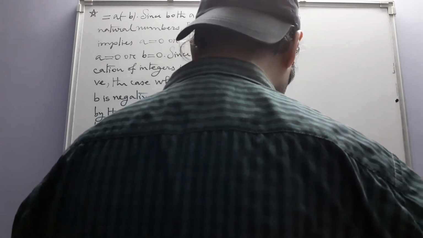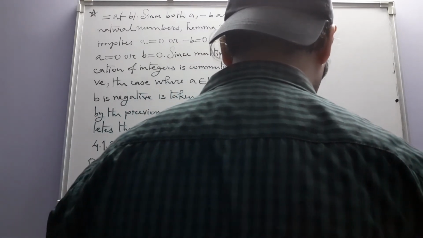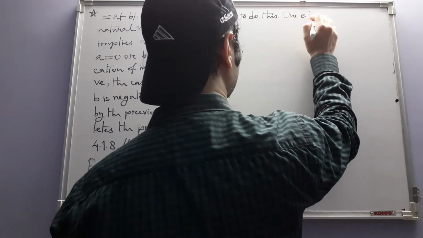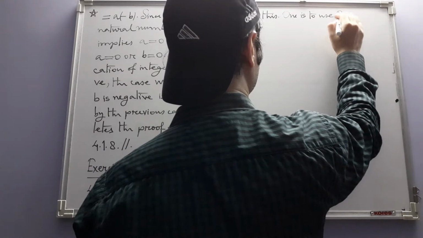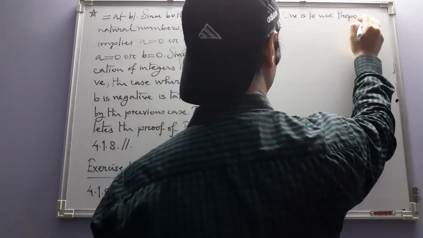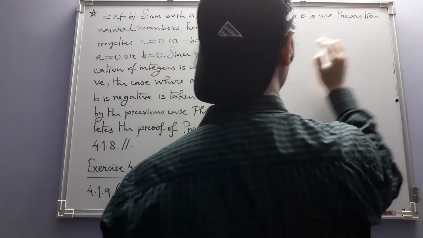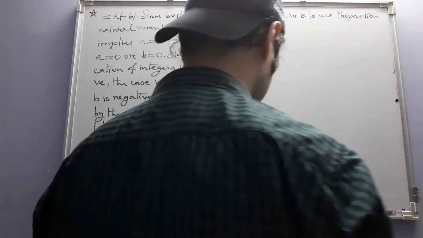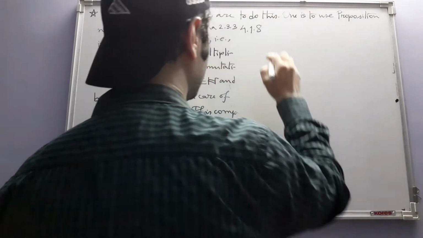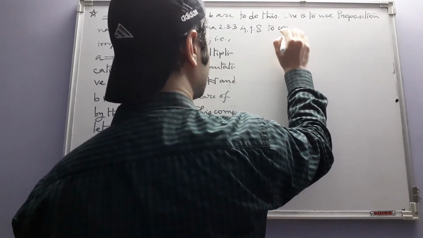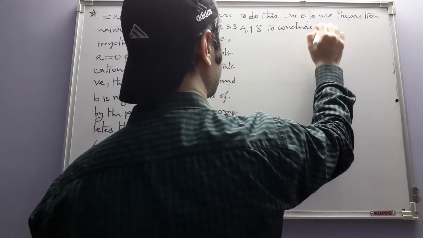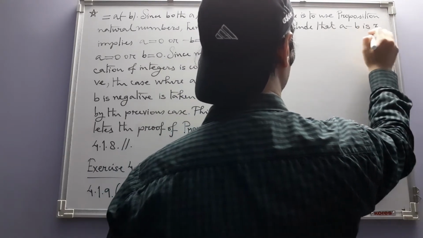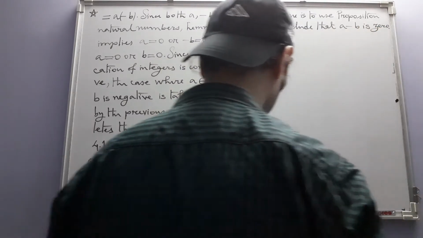What two ways? One is to use proposition 418 to conclude that a minus b is 0.